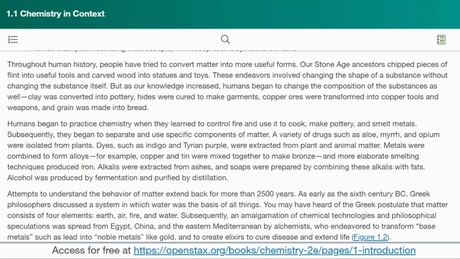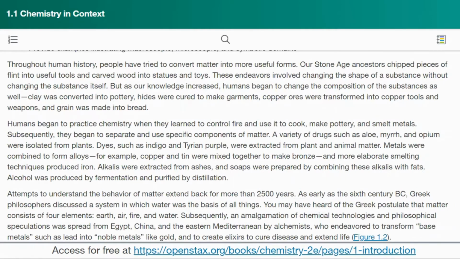Humans began to practice chemistry when they learned to control fire and use it to cook, make pottery, and smelt metals. Subsequently, they began to separate and use specific components of matter. A variety of drugs such as aloe, myrrh, and opium were isolated from plants. Dyes such as indigo and Tyrian purple were extracted from plant and animal matter.